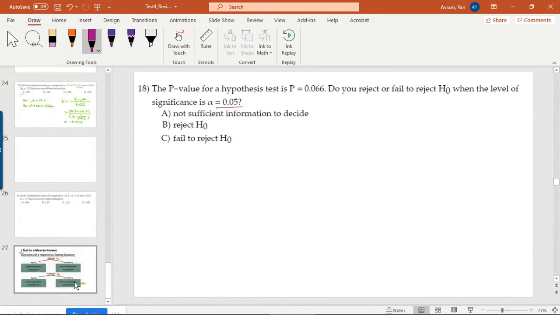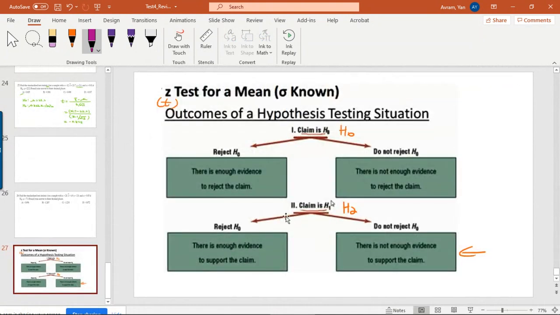All right, let me jump to this one right here. I posted this page of the chart on my TC, and I do allow you to use it, especially at the beginning when you do the homework. You might want to print out this page, because this is the conclusion where you make the final decision. Are you going to reject or not reject the null hypothesis? And after you reject or do not reject it, what does that mean?